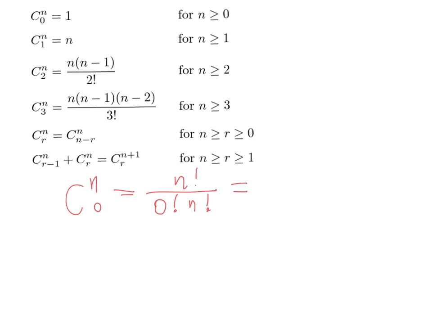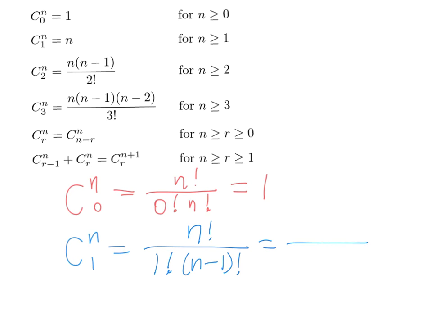Because the factorial of 0 is 1, nC0 is equal to 1. nC1 is the factorial of n divided by the factorial of 1 and the factorial of n minus 1. The factorial of 1 is 1 and the factorial of n is n times the factorial of n minus 1. So this is equal to n.